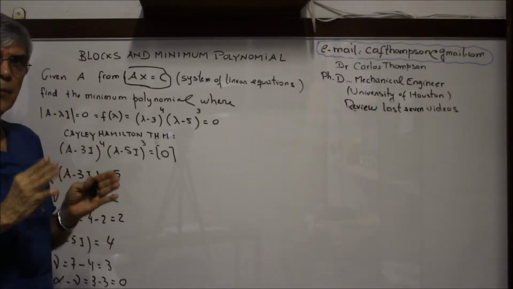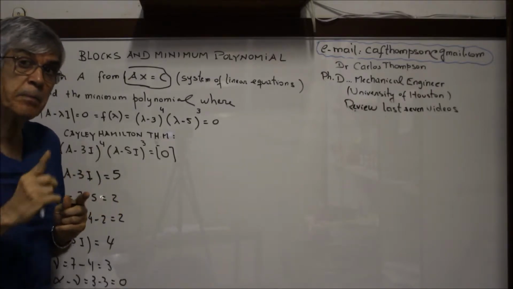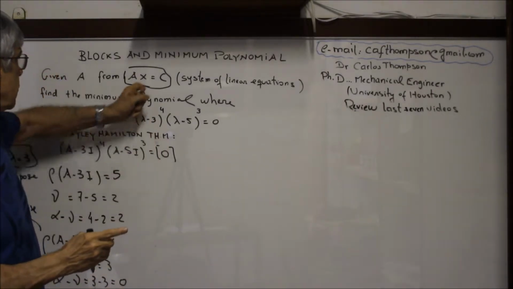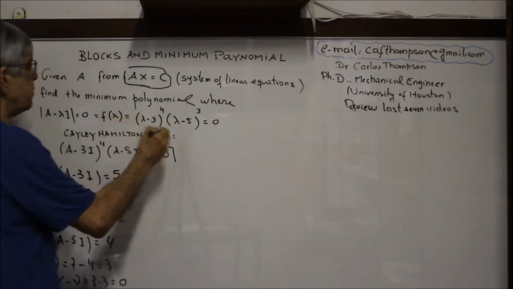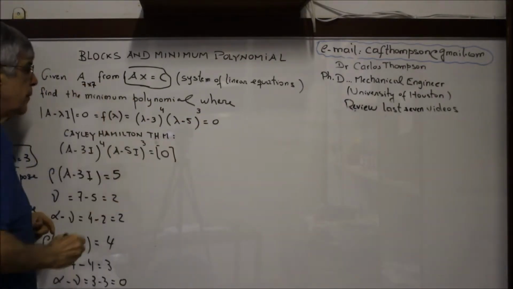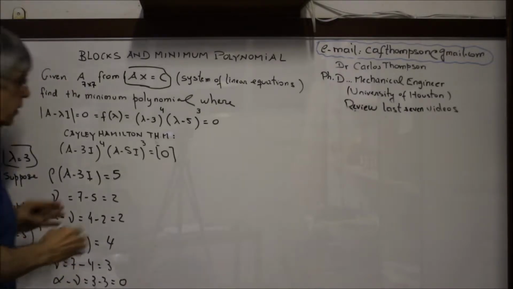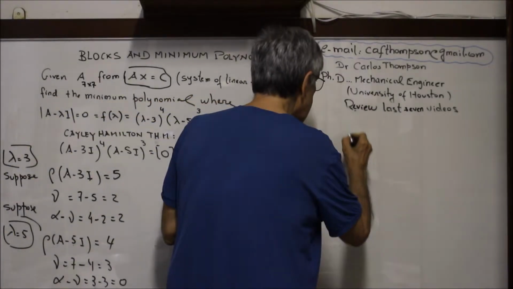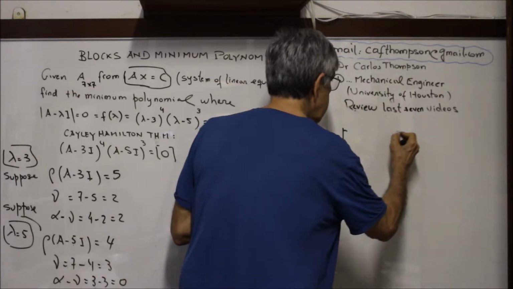Attention, the number of pivots can never be equal to the dimension of the matrix. So this matrix is 4 plus 3 is 7, 7 by 7. Now, do you know why? Because suppose you have a matrix here.